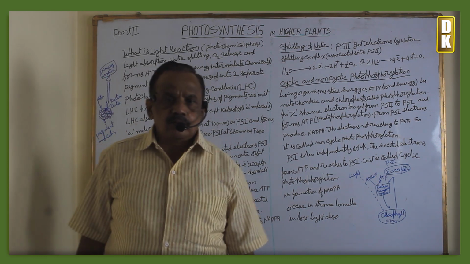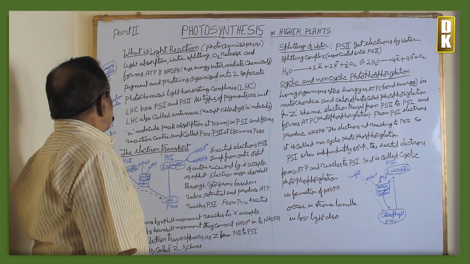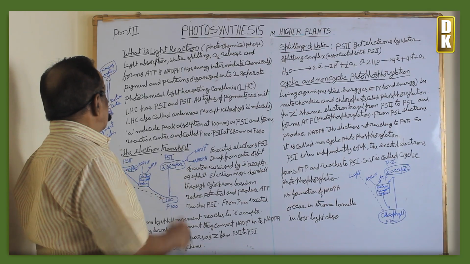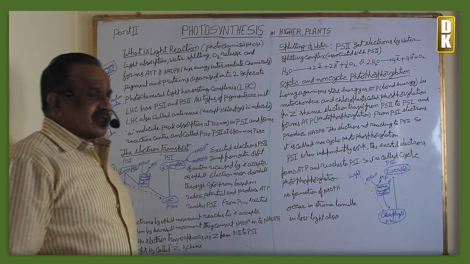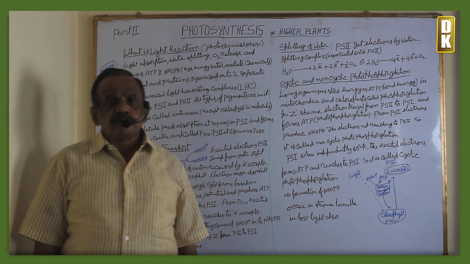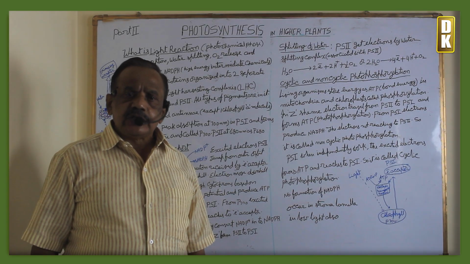Today in this video we will see photosynthesis in higher plants. This video covers what the light reaction is. In the light reaction we will see how the light is absorbed and how it is converted into chemical energy.